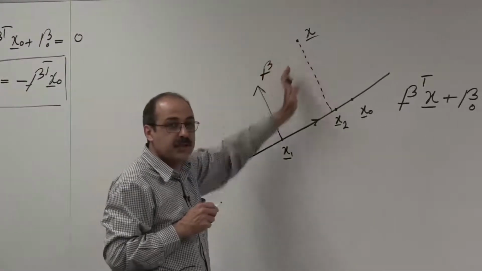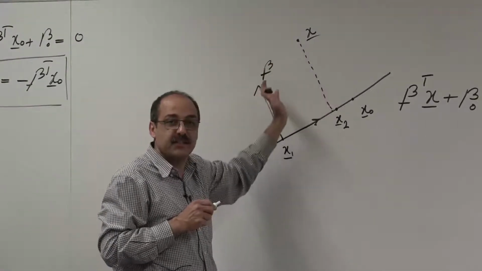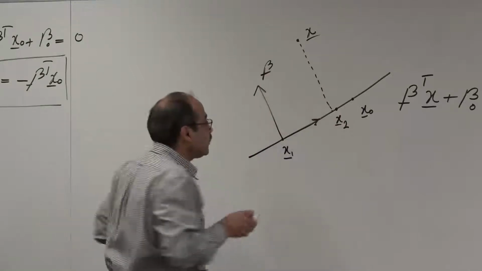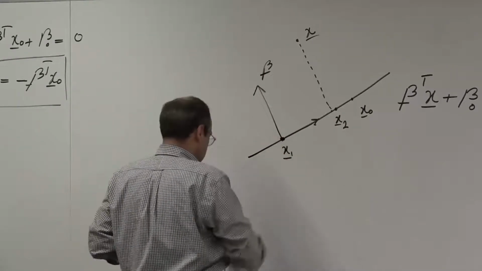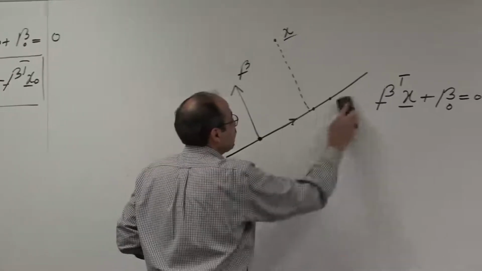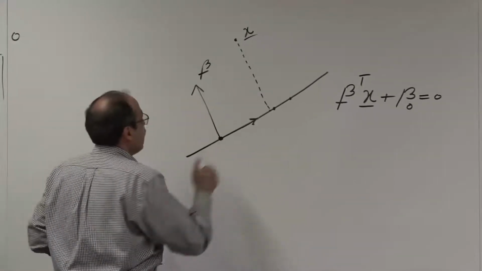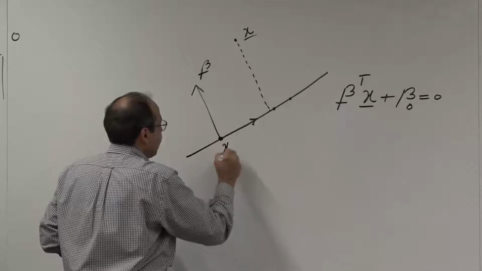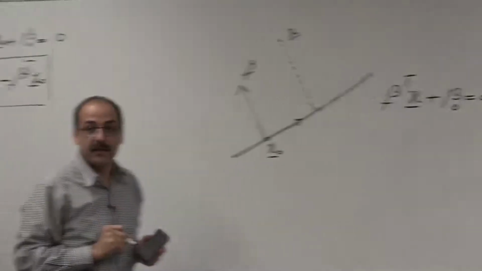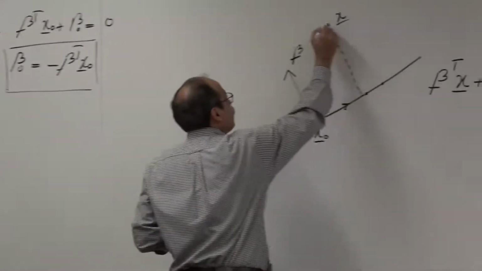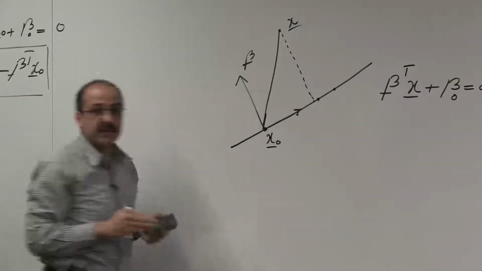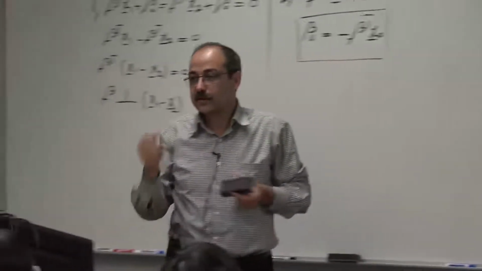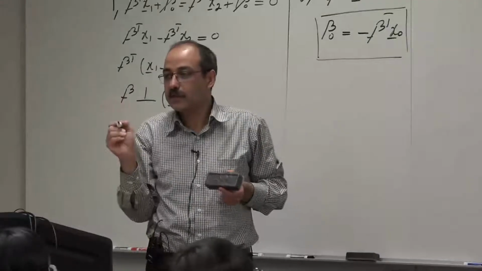I need to project this on the direction of beta. Let me erase these things. I call this point x null. It's trivial to find the distance between x and x null; I can just subtract x minus x null.